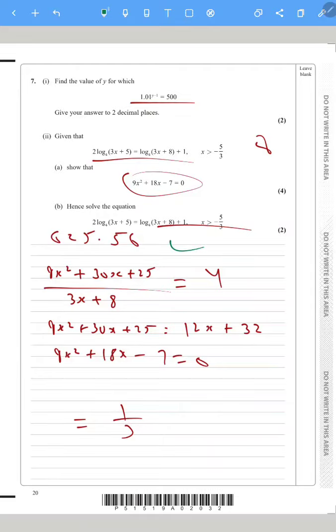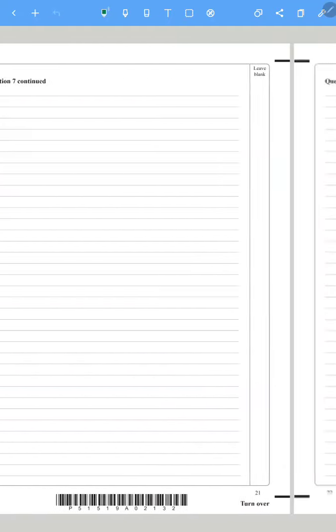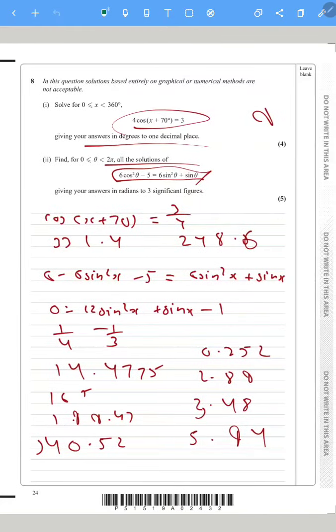625.56. Yep. 4 and a third. Yep. And this might be where it goes wrong a bit. 248.6 and 331.4.